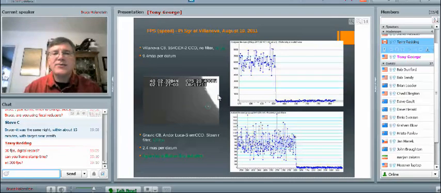Okay. So this was another occultation, Pi Sagittarii. The two graphs were made with two different telescopes, both C8s. They were side by side.